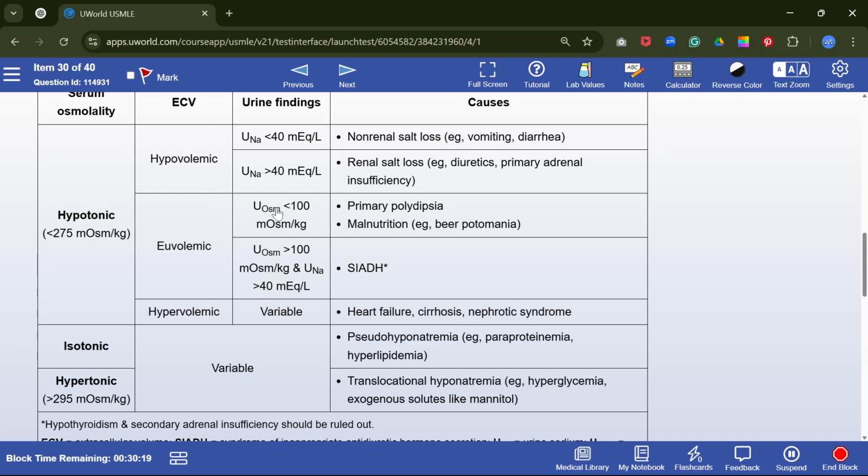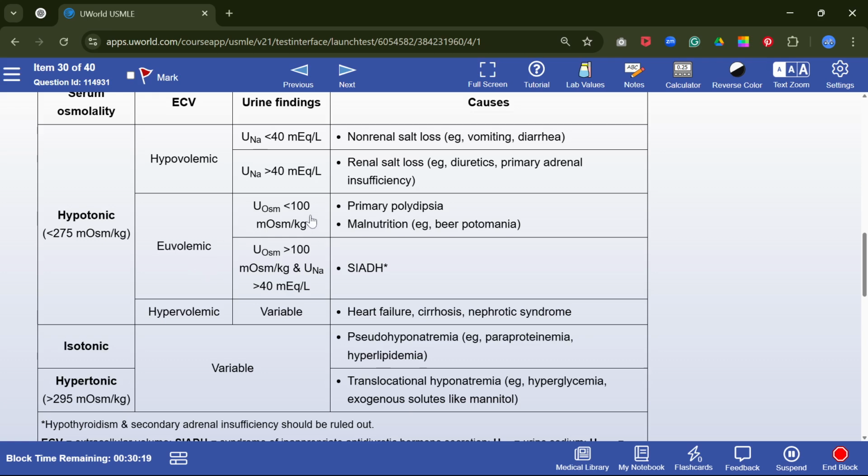In hypovolemia, we should do urinary sodium. If urinary sodium is less than 40, it is non-renal salt loss, it may be due to vomiting and diarrhea. And if urine sodium is more than 40, it may be due to renal salt loss like diuretics and primary renal insufficiency.